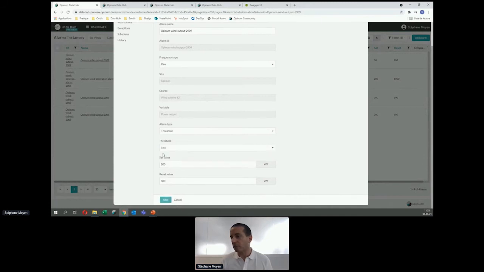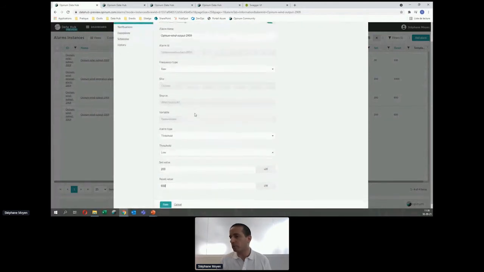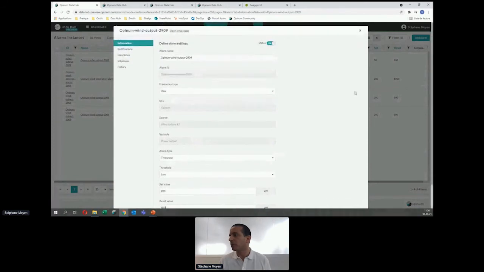In this case, it's going to be low, so I'm looking for values which are going to be below 200 kilowatts. And the reset value is going to be when the value goes again above 800 kilowatts. I will talk about notifications, exceptions, and all this stuff afterwards. So let's just start with that for now.